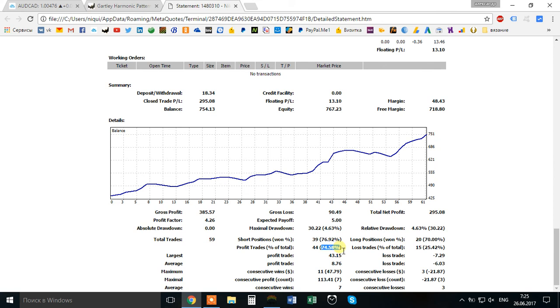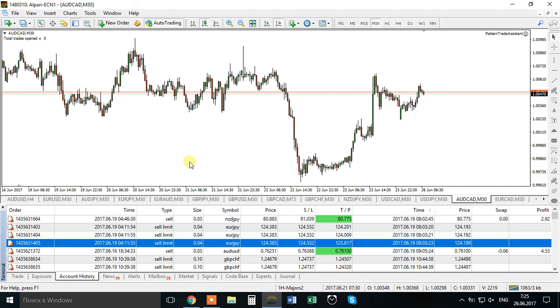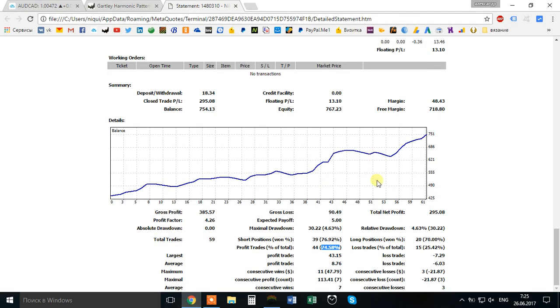In my backtesting, I've been about 87% accurate. But in real time, well, it is not actually possible to get all the setups. You need to stay 24 hours a day in front of your computer to find the trades. Well, it's not actually possible. So you will miss some winners, but it is good to have 74 at least.